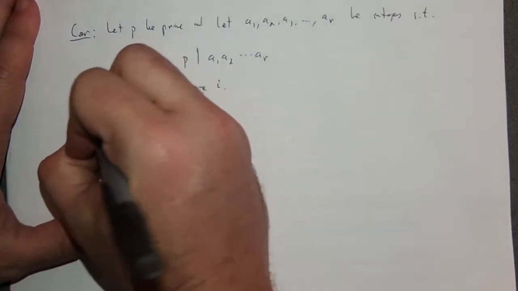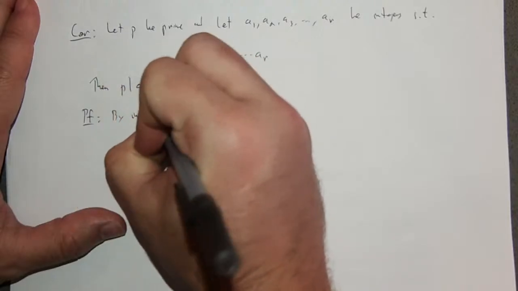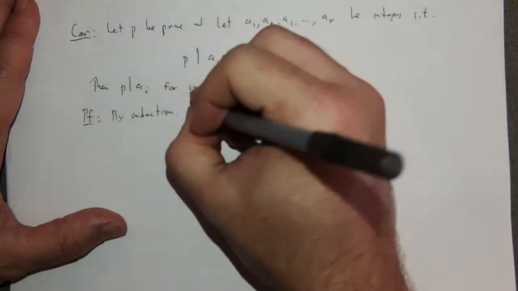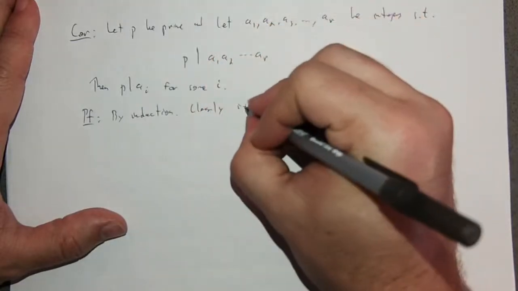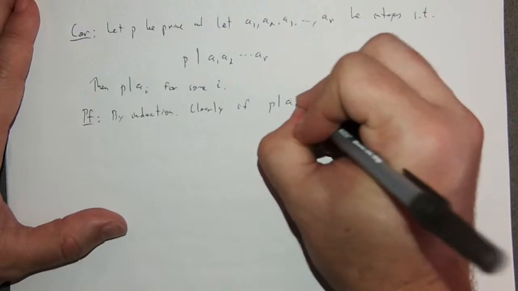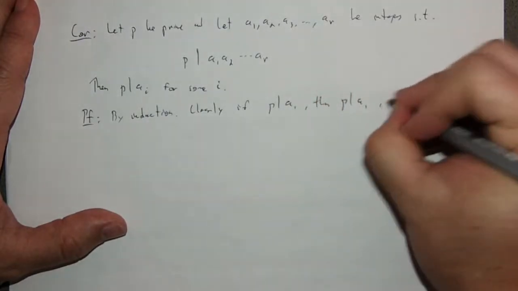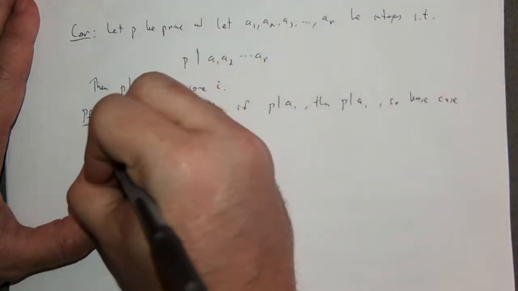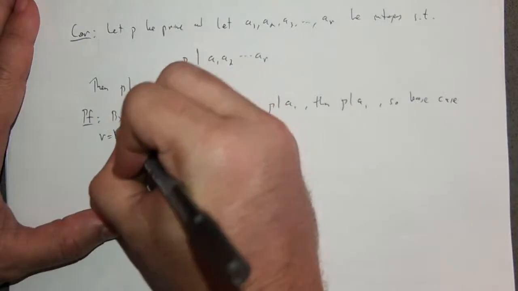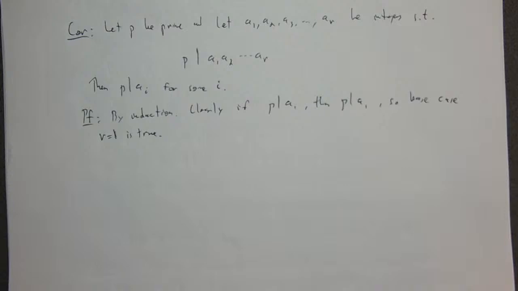So proof, you might have guessed, is by induction. Clearly, if P divides A1, then P divides A1. So base case R equals 1 is true. Now do the inductive step.